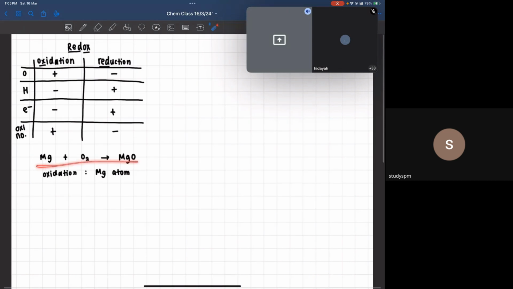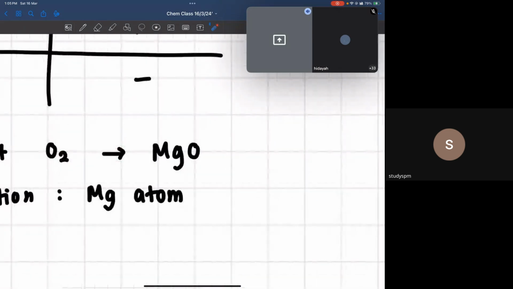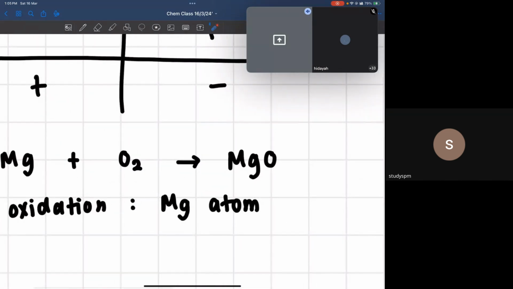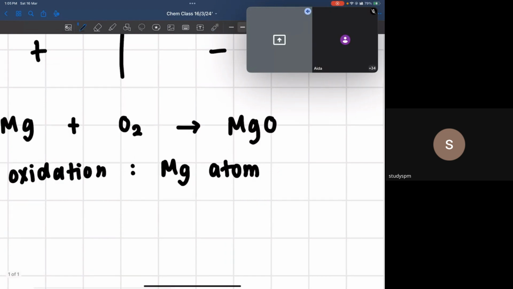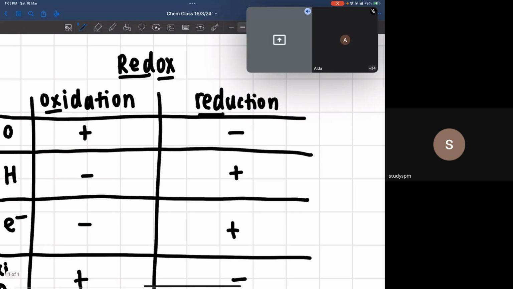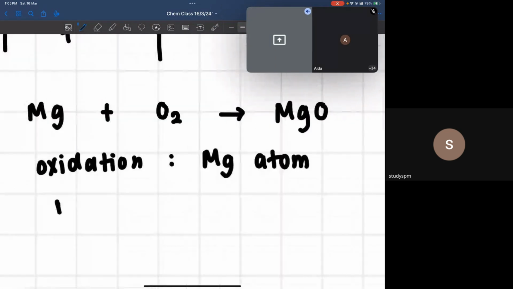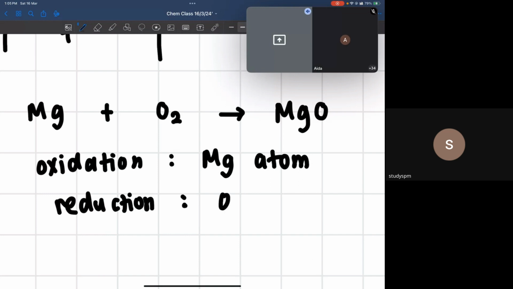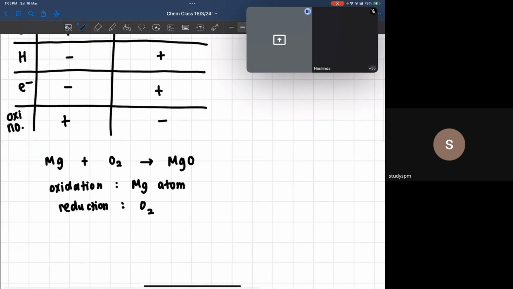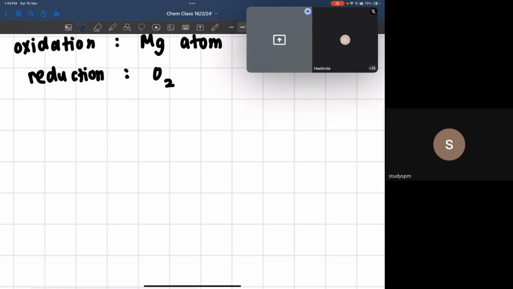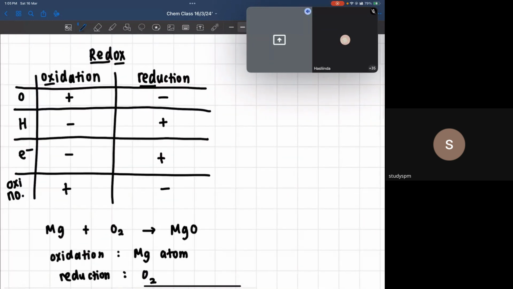In the exam, don't write like this, okay? It's not balanced yet. So this one, oxygen is 2, but here only one. So the oxygen atom is reduced. So the one undergoing reduction is oxygen gas. Easy, right?